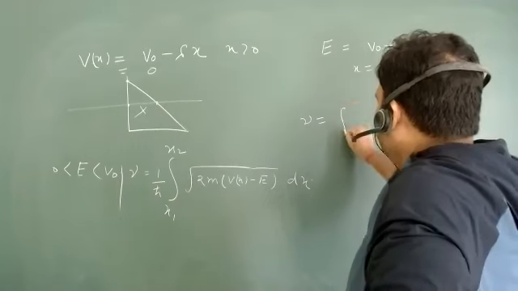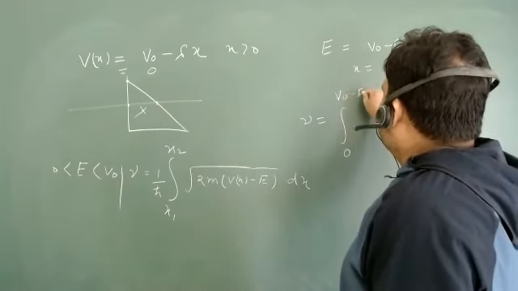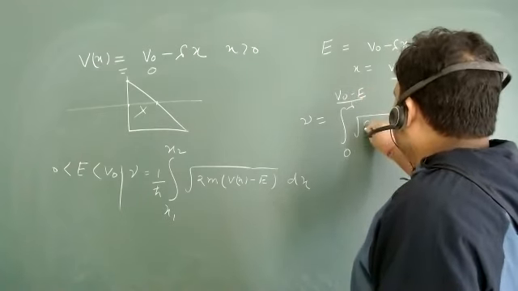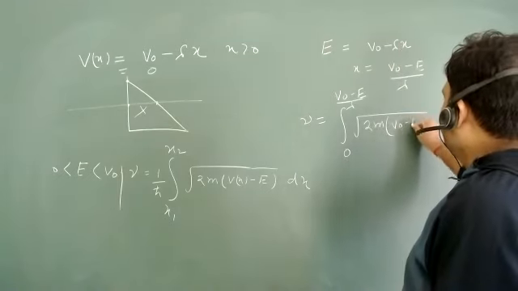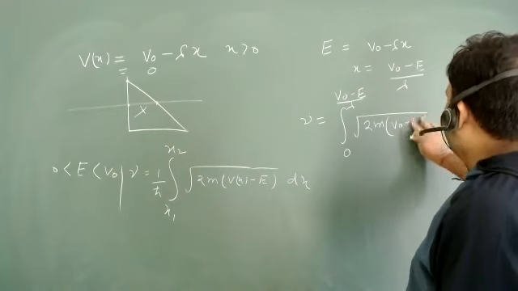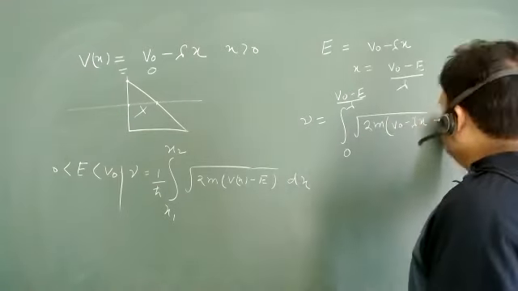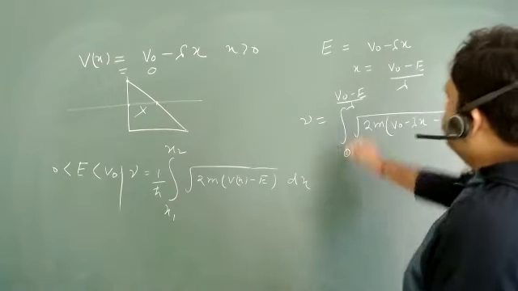So I can go for the integration for gamma, from 0 to (V0 minus E) upon lambda, root of 2m (V0 minus lambda x minus E) dx. Now we have to do this integration.